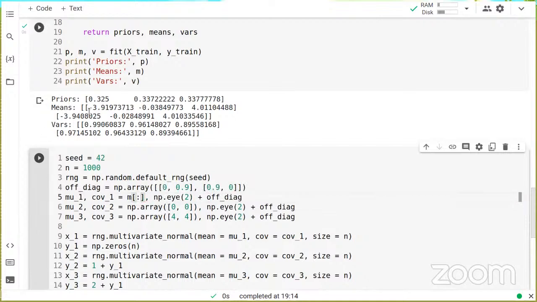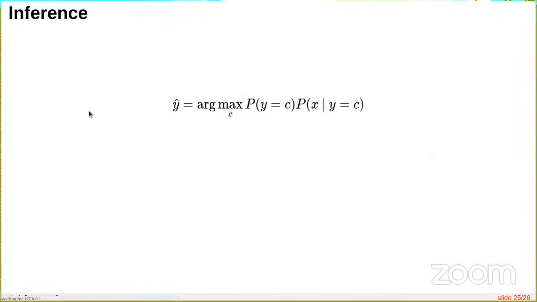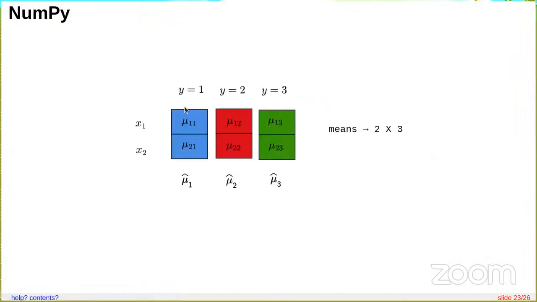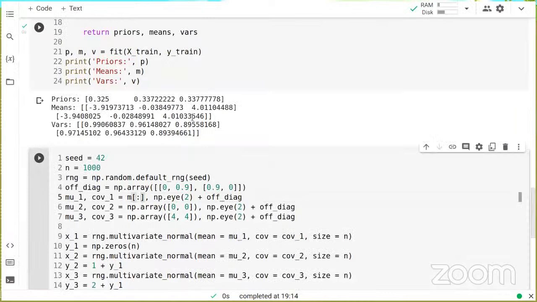See, the first column is the means. So M of colon comma 1 or M of colon comma 0 will be the means of my first class. So that is what I'm going to do. M of colon comma 0, this is M of colon comma 1 and this is M of colon comma 2.